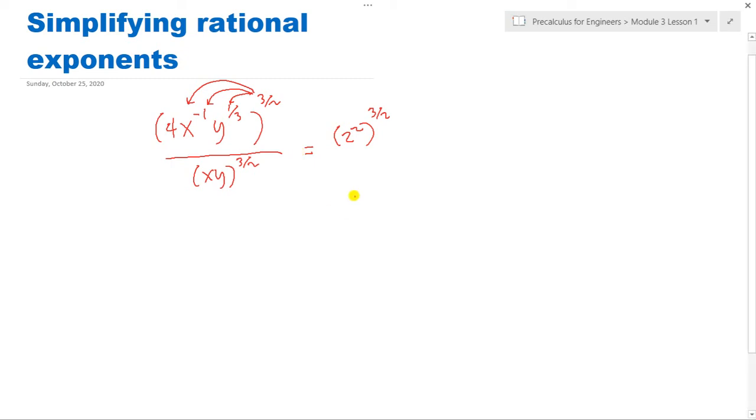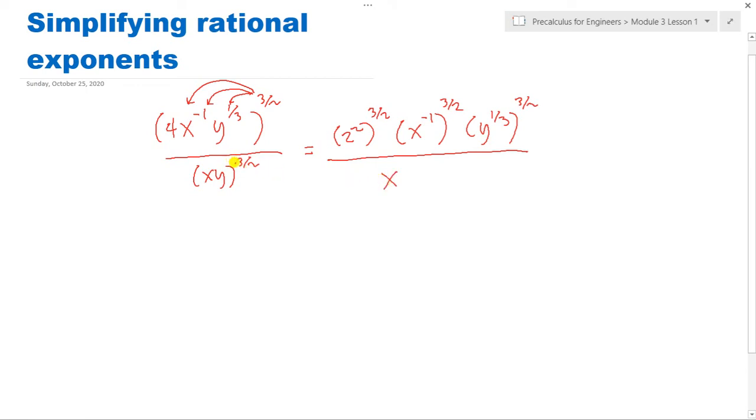So we have here 2 squared raised to the power of 3 halves times x raised to the power of 1, raised to 3 halves, because we distribute. Then we have y raised to 1/3 raised to 3 halves, all over x.